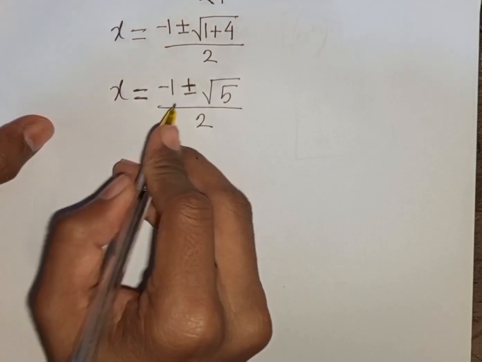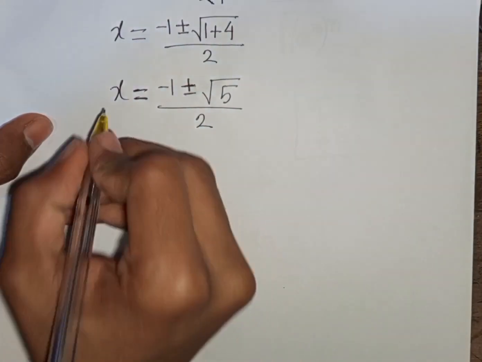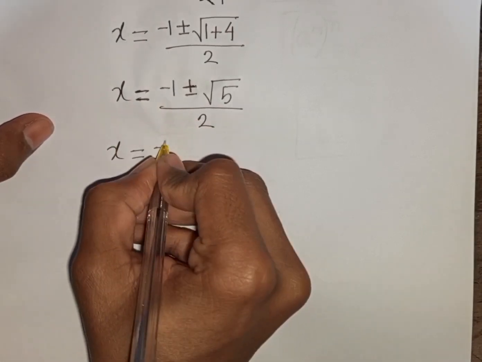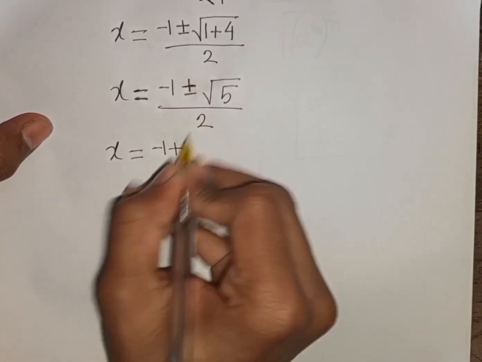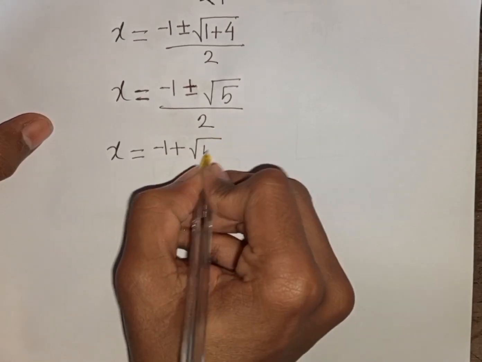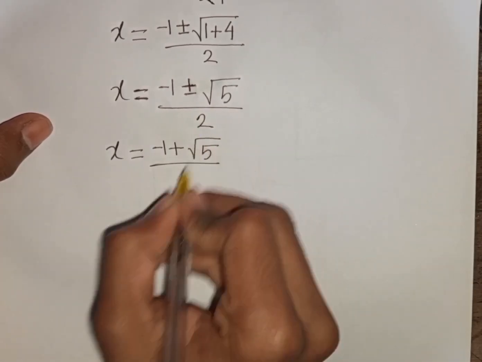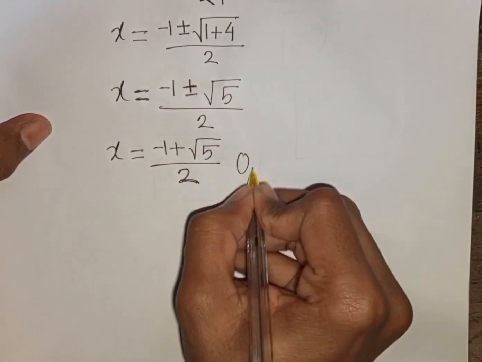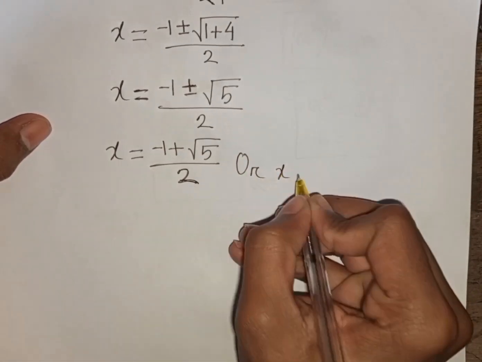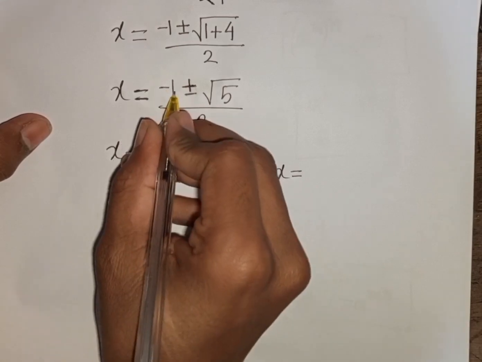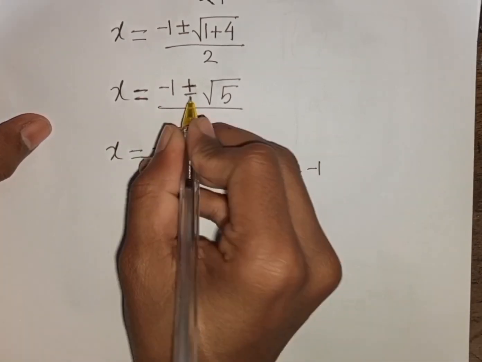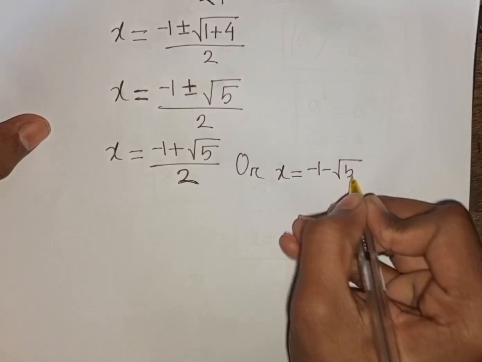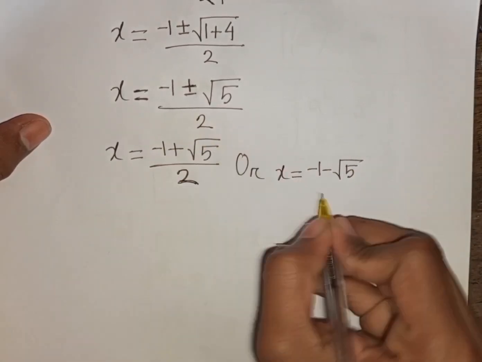Now we see here two cases: x is equal to minus 1 plus square root of 5 divided by 2, or x is equal to minus 1 minus square root of 5 divided by 2.